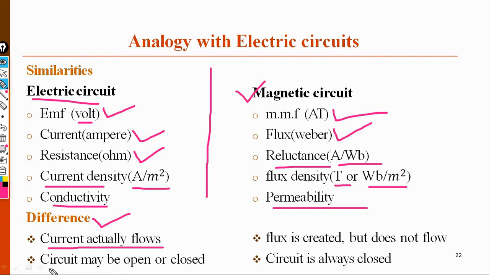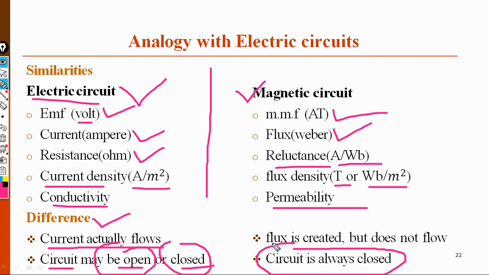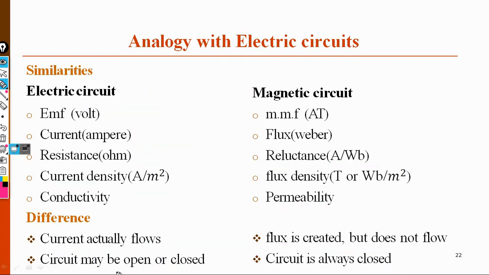Then the electric circuit may be open or closed, but the magnetic circuit is always closed. Now this is the important difference: electric circuit is open or closed, and magnetic circuit is always closed. Now this is the difference between electric circuit and magnetic circuit.